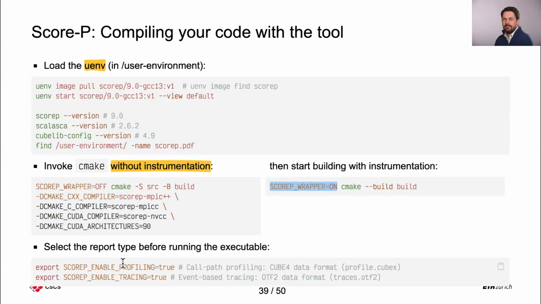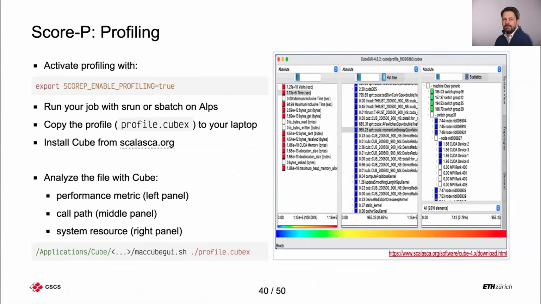And then you just choose profiling or tracing. By default, profiling will create a performance report in the Cube format, and the tracing will create a report in the OTF format.